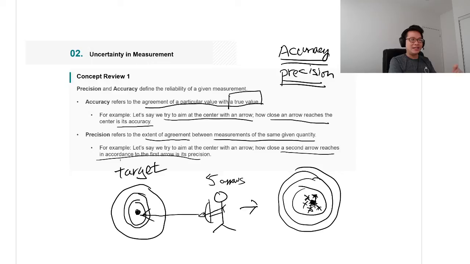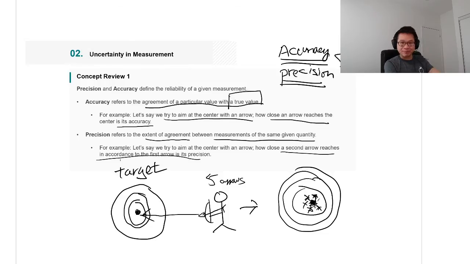None of them is really close to the true value of 3. None of the hits is close to the center, the reference value. So that's why you can comment that the accuracy is low. Accuracy is how far each measurement is from the reference value or the true value.